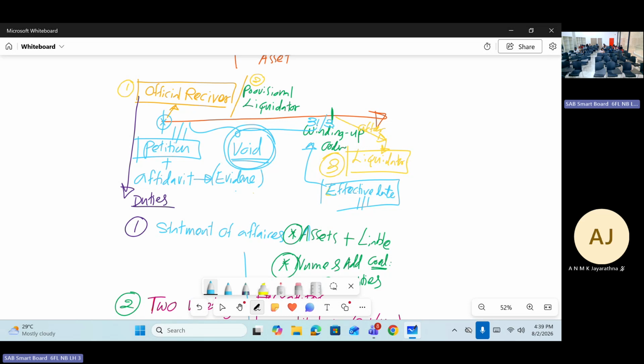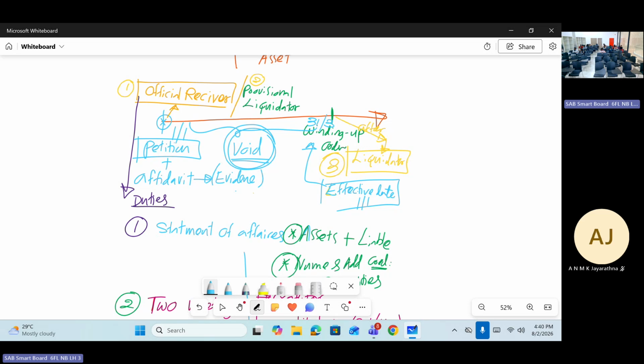We have discussed there are two main duties of the official receiver. He must obtain a statement of affairs. These are the assets and liabilities, and the main analysis of the directors and the securities held by them.